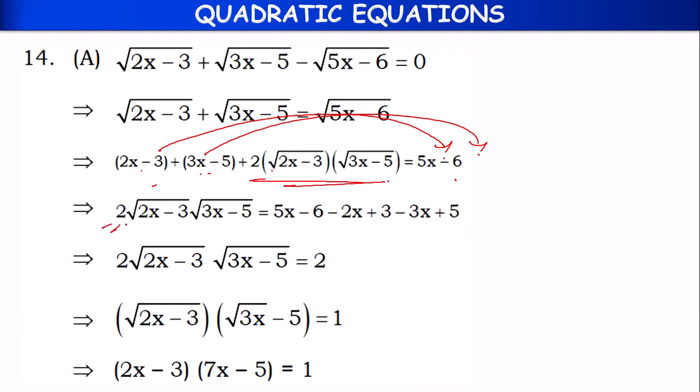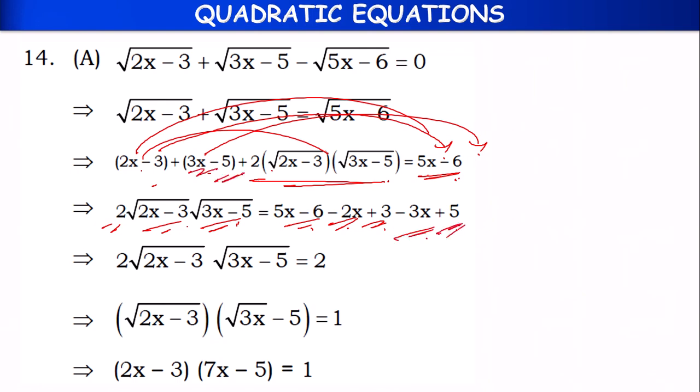So 2 into root of 2x minus 3 into root of 3x minus 5 will remain. On the RHS part, we already have 5x minus 6. This plus 2x will become minus 2x. Minus 3 will become plus 3. Plus 3x will become minus 3x. Minus 5 will become plus 5. Like this, we take all the terms which are not under the root to the right hand side.